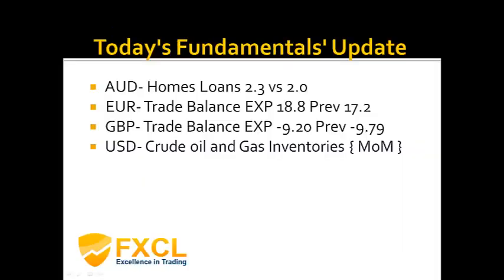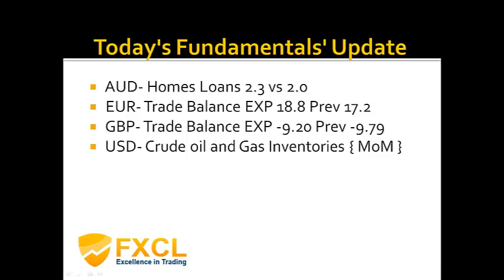Let us first take a look at today's fundamentals update. Out of the Aussie, we have home loans that came out at 2.3 versus 2.0. That was a positive number. Today in the European session, we have the Euro's trade balance, expected at 18.8 versus previous 17.2.